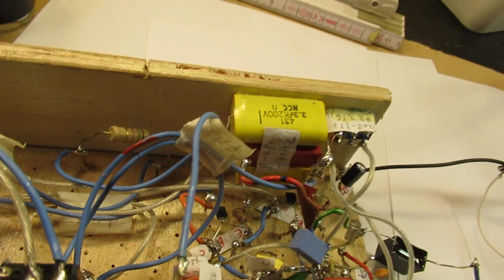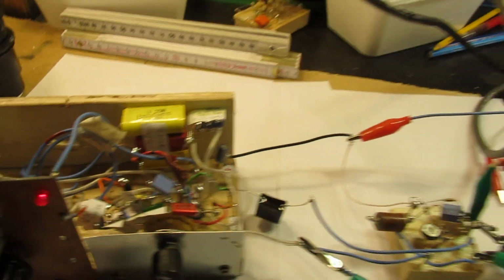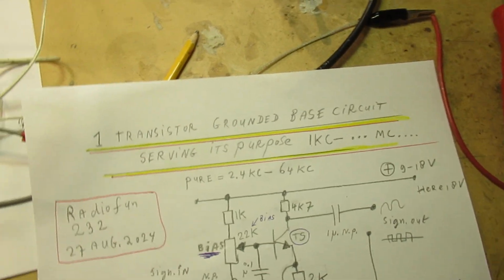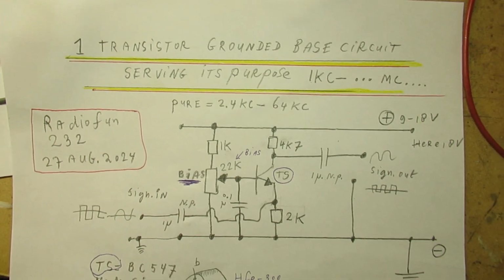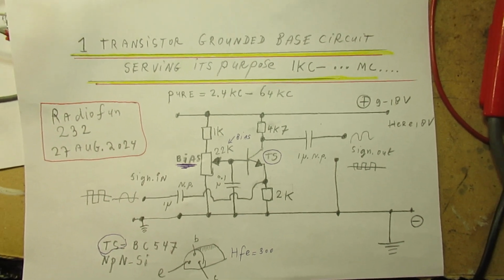And after many experiments I found that the grounded base circuit worked best, and that's the idea of this video. A 1-transistor grounded base circuit, and this is what I have made.